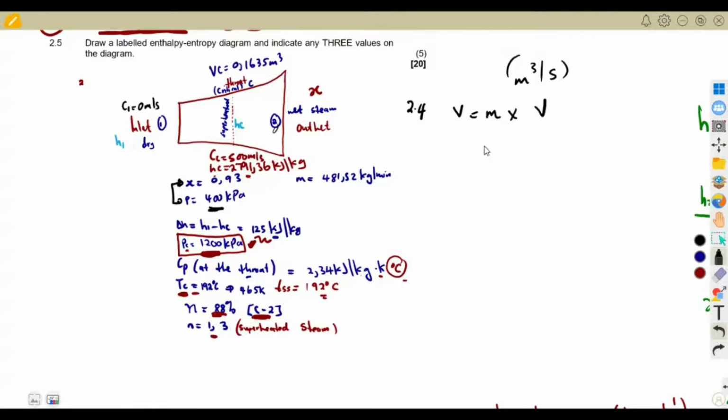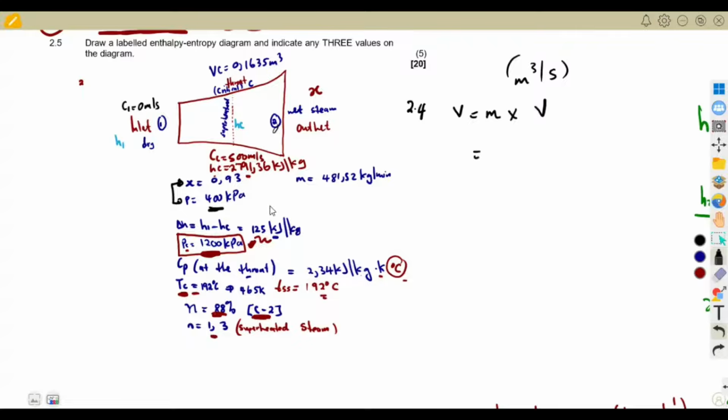If we take a closer look at the volume at the exit, from our steam tables that volume will be given in cubic meters per kilogram. That's why I'm talking about involving the mass, so that we can cancel.